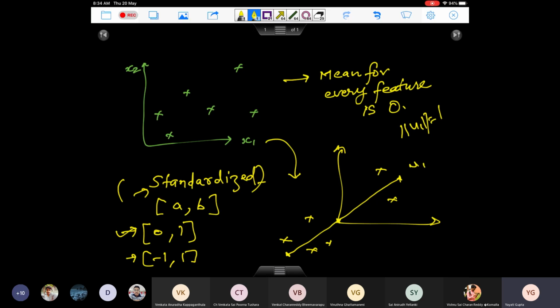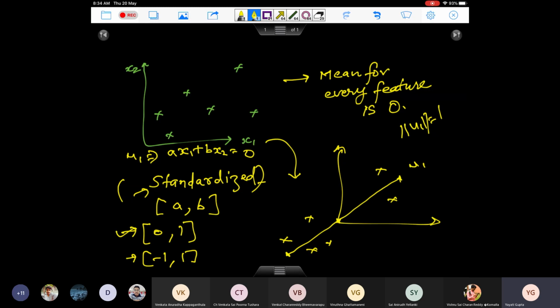Let's say this U1 is represented with an equation, say aX1 plus bX2 equals some constant. Because the intercept term is 0, since this particular vector is passing through the origin, the equation would look like this.